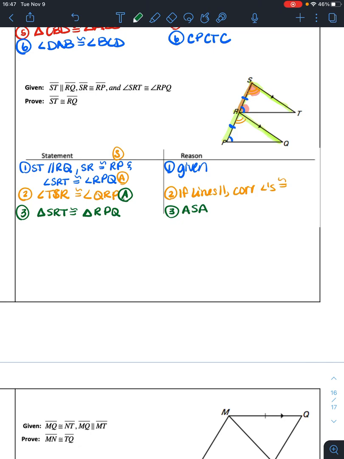The side is in between the two angles. Now that my triangles are the same size, I can say that ST must be the same length as RQ, because corresponding parts, those two sides, of congruent triangles, I just said they were congruent, are congruent.